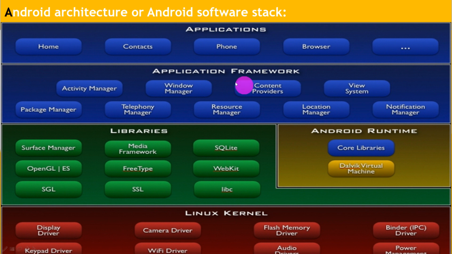And last, at the top of the Android architecture, there is the application layer, and these are applications, system-level applications or other applications. All these applications we have developed using Java language, and this application layer is supported by the application framework, libraries, Linux kernel, and Android runtime. So this is all about Android architecture or Android software stack.